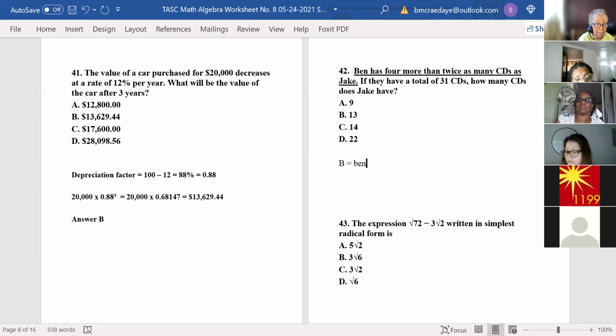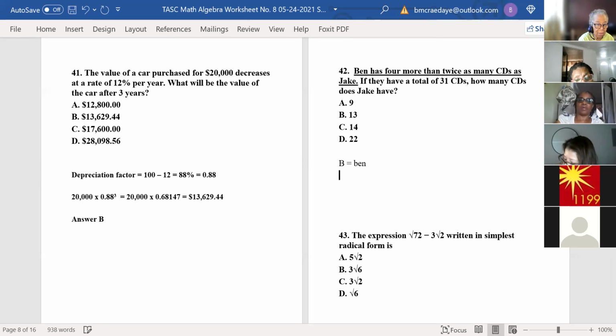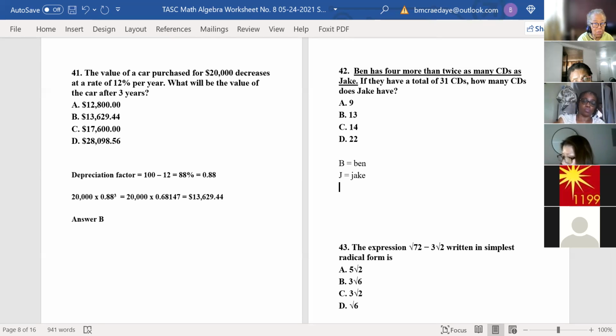B is Ben, J equals J. Now, Maureen, tell me how do you write this: Ben has 4 more than twice as many as J? Tell me the math.